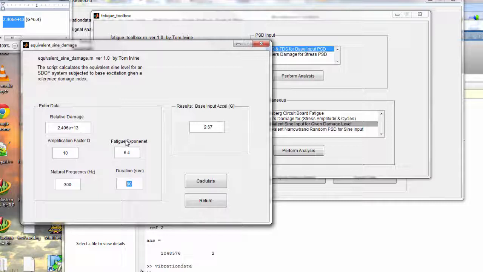Rather, it has to pass this sinusoidal test, this pure sine test. Well, to retest a component takes time and money and can cause schedule delays and all that. So is it possible to say that the component is good to go for the new pure sine requirement based on the fact it's already been tested to the NavMat random vibration? And so we've just shown a way that we could make that comparison within a set of assumptions.